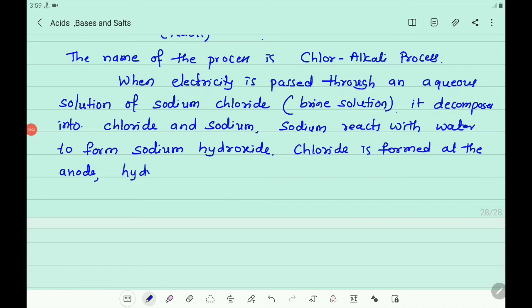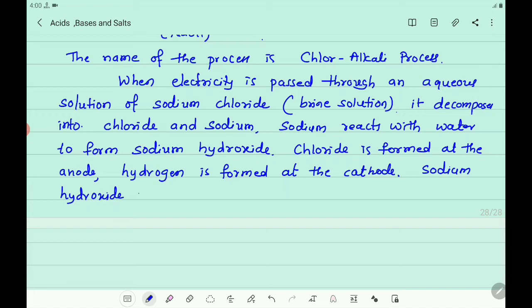Hydrogen is formed at the cathode, and sodium hydroxide is collected near the cathode. That is also right. Sodium hydroxide is formed near the cathode.